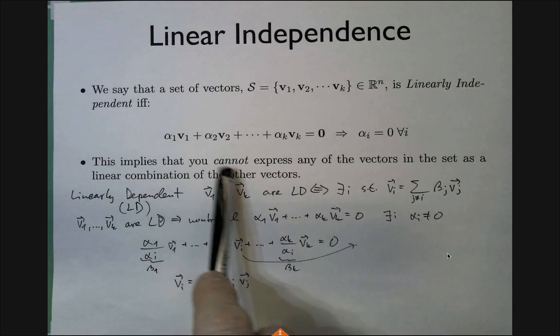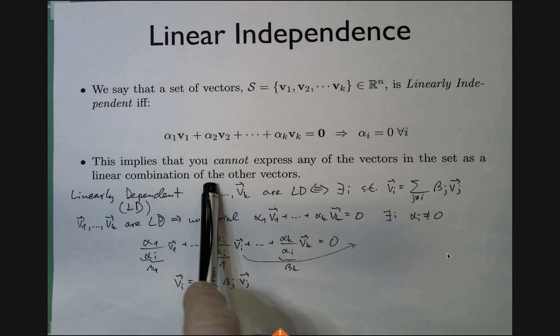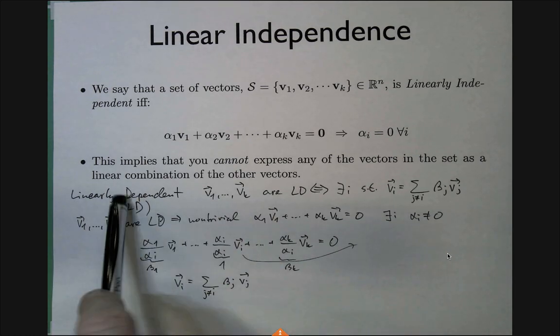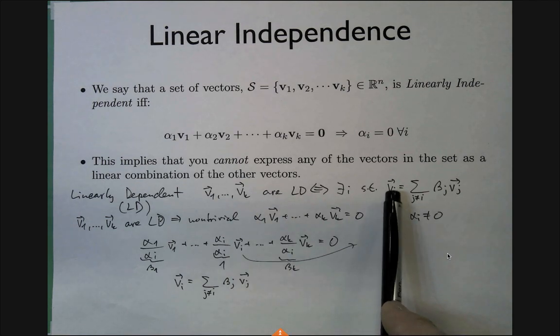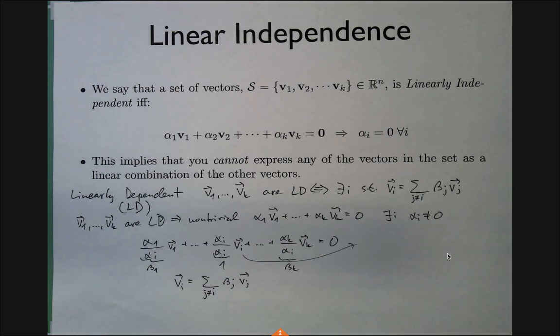So linear independence says that you cannot express any of the vectors as a linear combination of the other ones. If you can do that, we say that they are linearly dependent. They are dependent because one of them is dependent on the others; you can create it by taking a linear combination of the remaining ones.